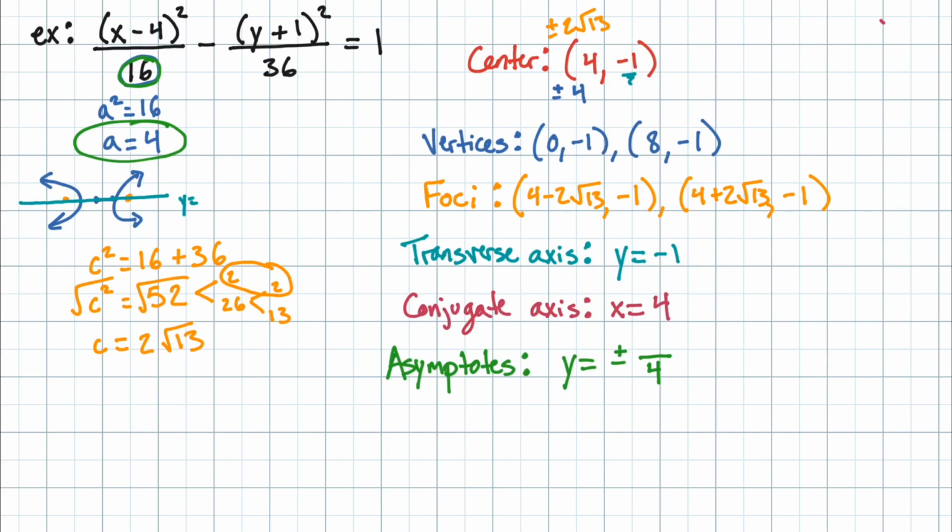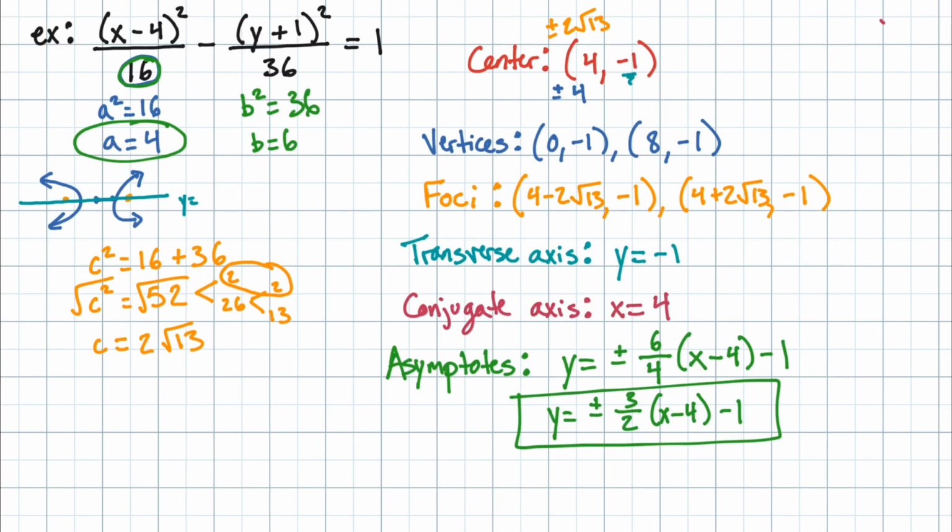If I know that b squared equals 36, that means that b equals 6, so it'd be a 6 on top. And now we account for the center by going x opposite of h, plus k. That 6 over 4 reduces, so I get y equals plus or minus 3 halves (x − 4) − 1. And those are the two equations of your asymptotes.